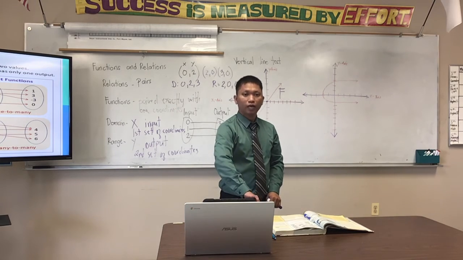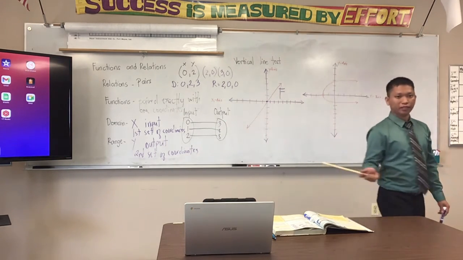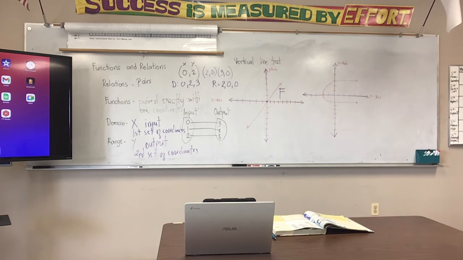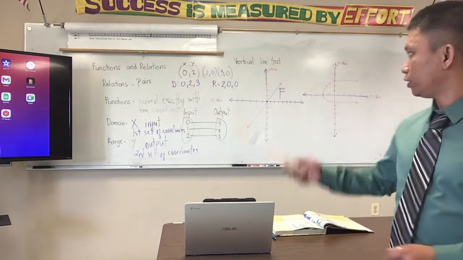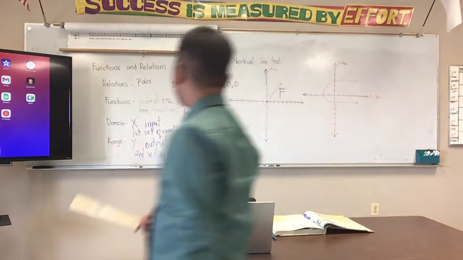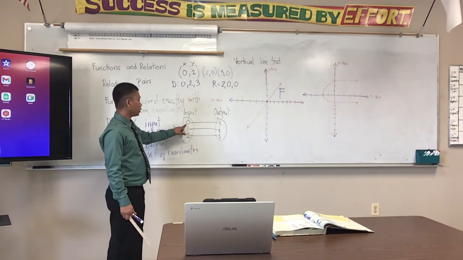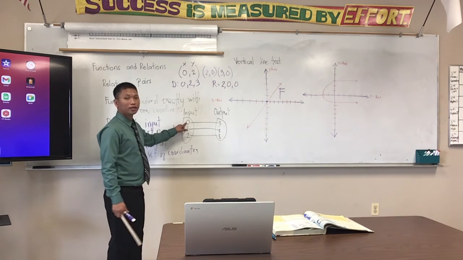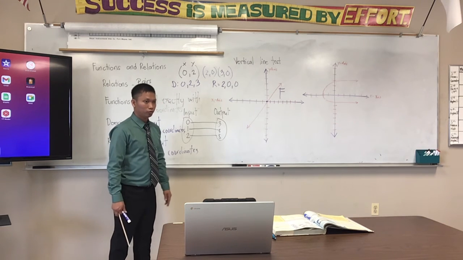Okay? Again, when we say functions, each element is paired with exactly one element in the mapping diagram. So the first set of elements should be unique. We have 0, and it should correspond to an element in our output.